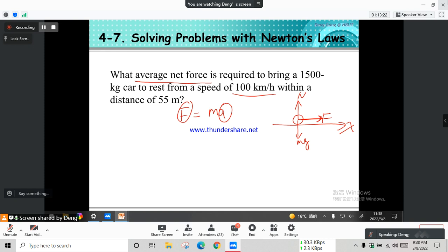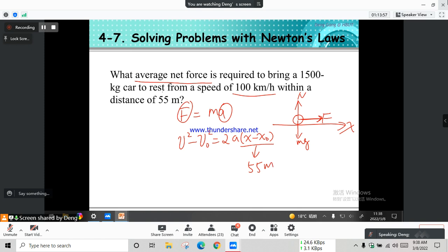According to the equations in previous chapters, there is a very important equation which can be applied here. We know that v squared minus v0 squared should be equal to 2a times (x minus x0). This part, x minus x0, should be 55 meters.